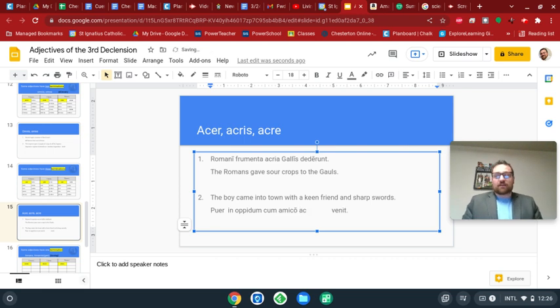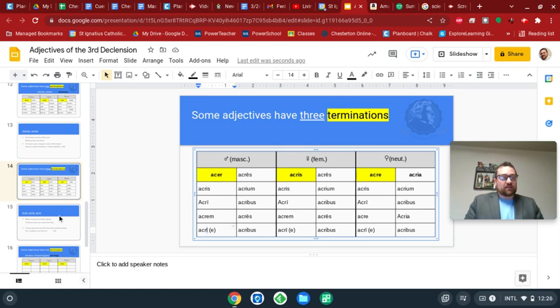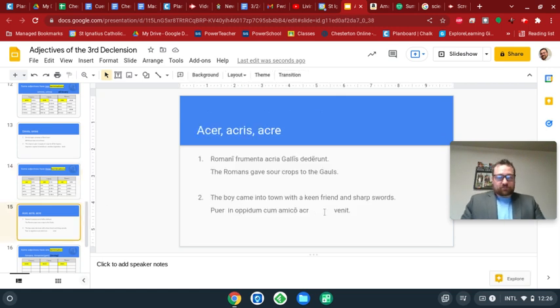So I'm just going to put ac, because there's our beginning, acr. So with a keen friend, friend is amicus, amici. It's masculine. So acri. Okay, here's one where we might be tempted to put acre, but we're going to put acri. Cum amico acri.